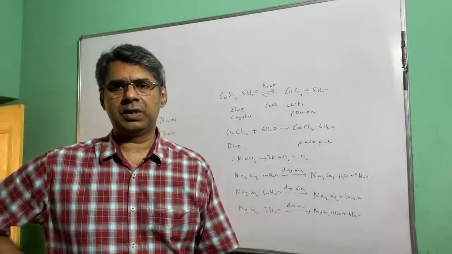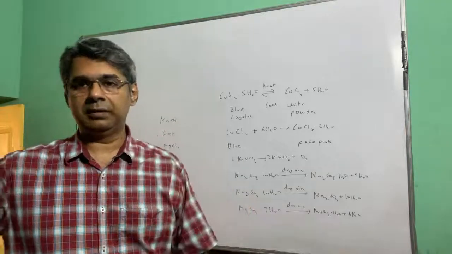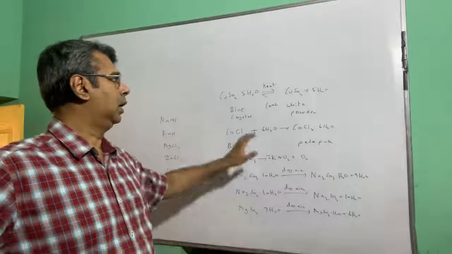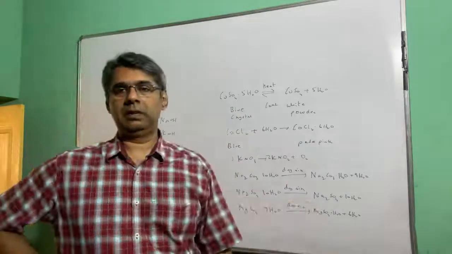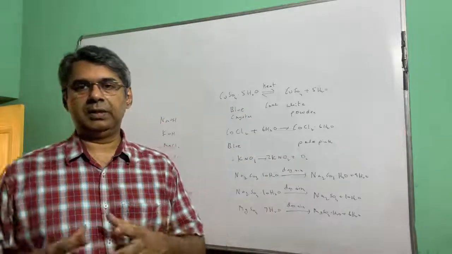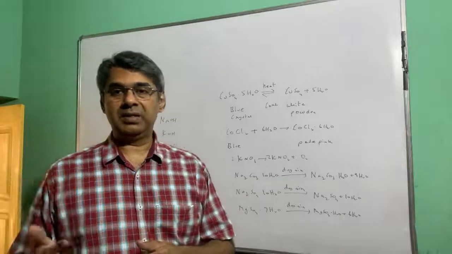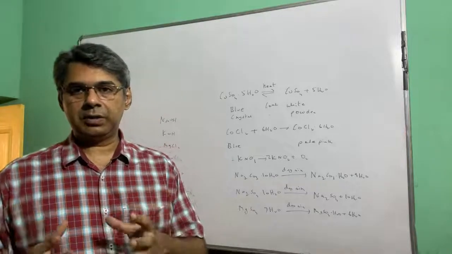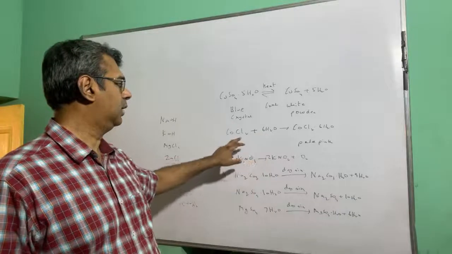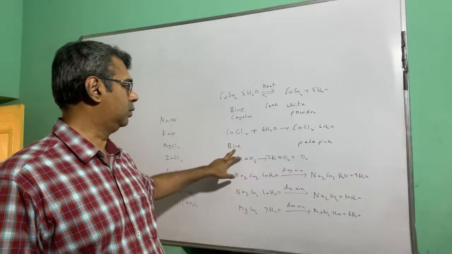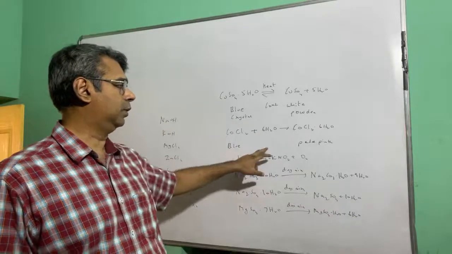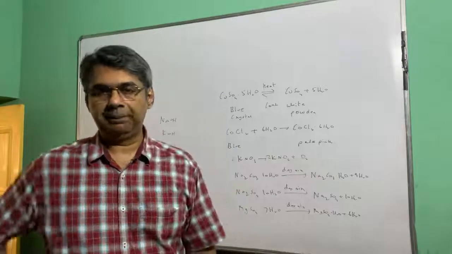You just want to see whether it will condense and again give back the crystal or not. Now when this copper sulfate is heated in a test tube, when the condensation happens, the liquid which is obtained turns cobalt chloride from blue to pale pink, right?